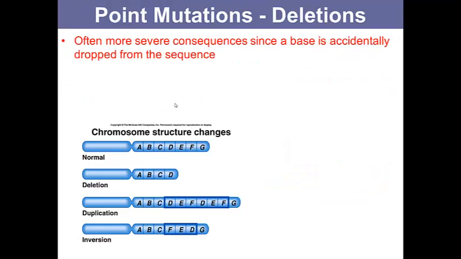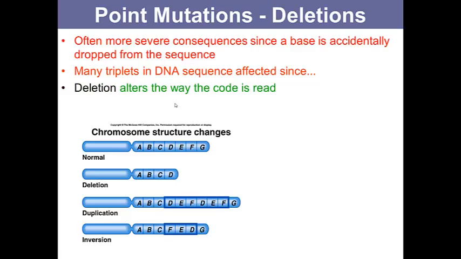Point mutations can also be deletions. These often have a more serious consequence because a base is accidentally dropped from the sequence. Many of the DNA triplets can be affected because the deletion alters the way that the code is being read.